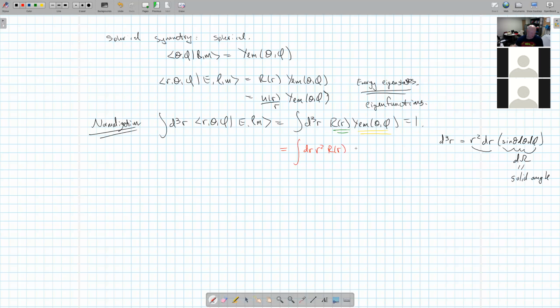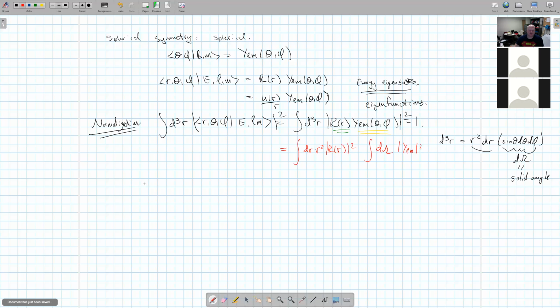So this is also going to be equal to the integral of dr r squared times the modulus of R squared. Sorry, there should be brackets around here. For normalization, it has to be the modulus of this guy squared. Times then the integral over the solid angle of the modulus of the Y_lm squared. Now, since this is equal to 1, this term has to be equal to 1, and this term has to be equal to 1.